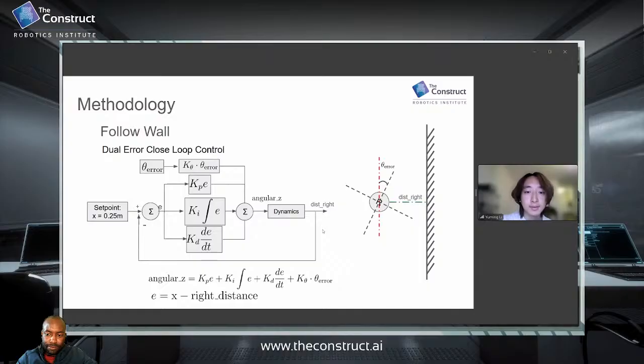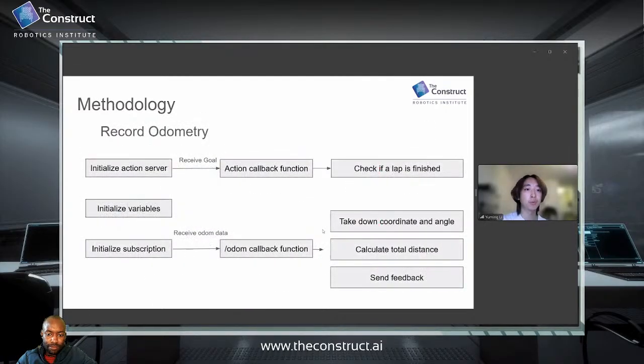And then the third part is to record the odometry. First, the program initializes the action server to listen to the goal sent by the client, and some variables that are used to track the status, and also a subscription to the Odom topic.